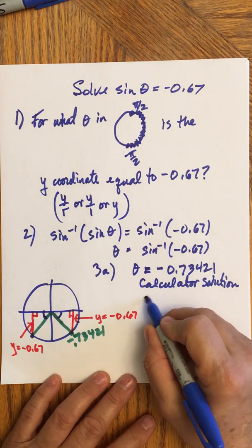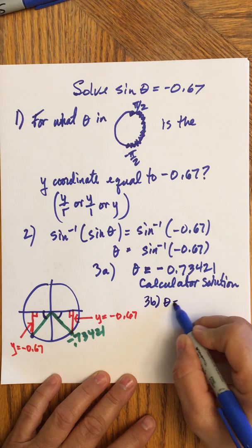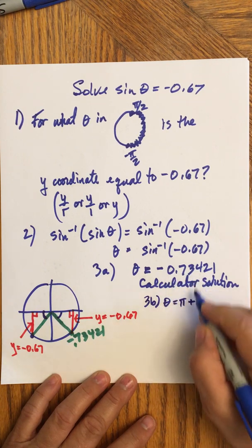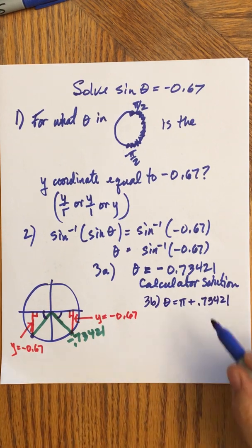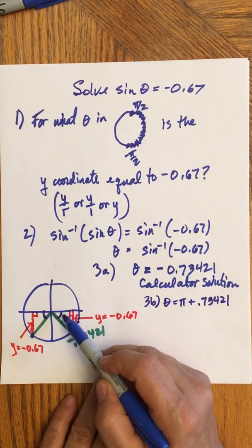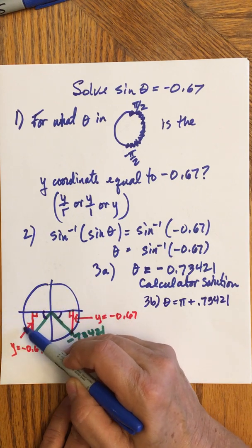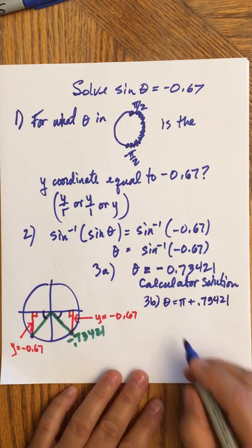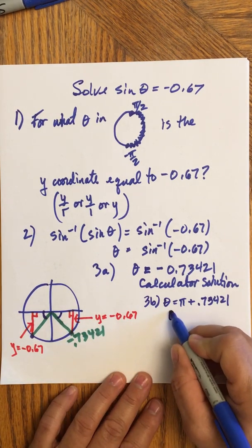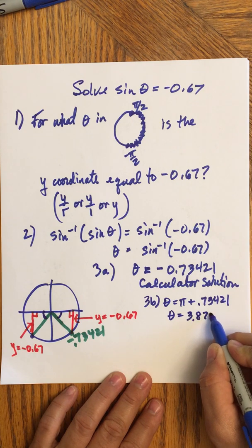So visually what I do is I say theta is pi plus, and I make that positive 0.73421, because I can see that that's the rotation starting at 0, go all the way around here to pi, and then this little bit is the same as this one, and I just add it. So if I do that, I'm going to get theta equals 3.87580.